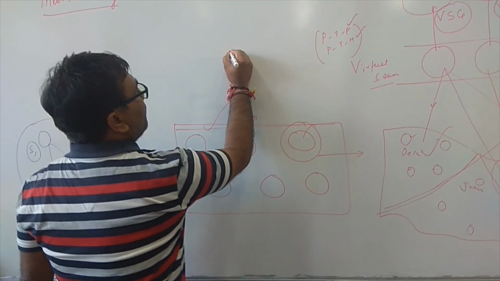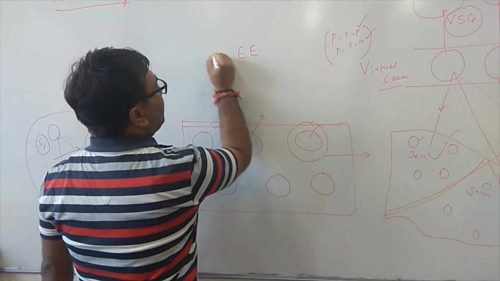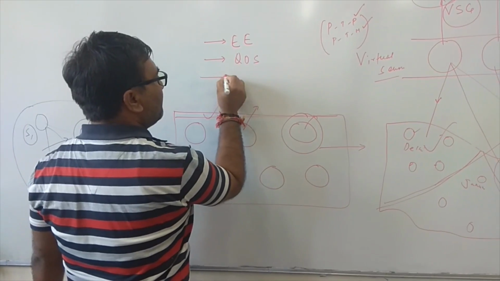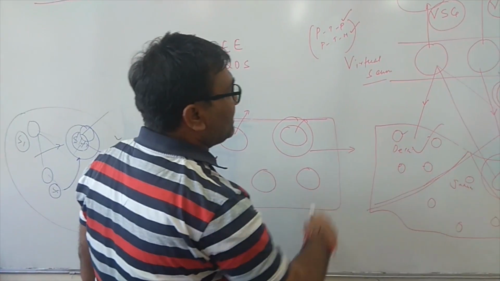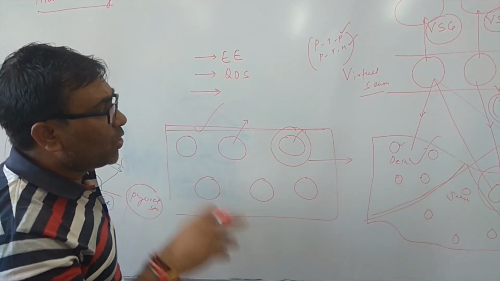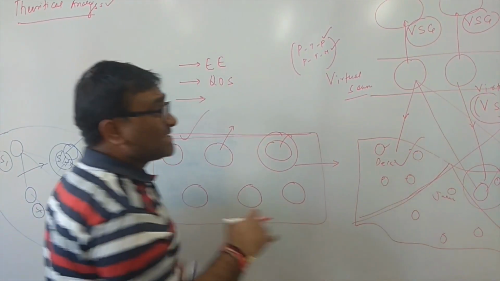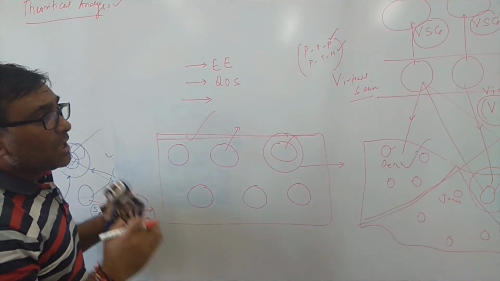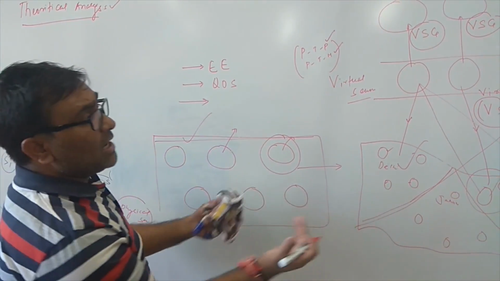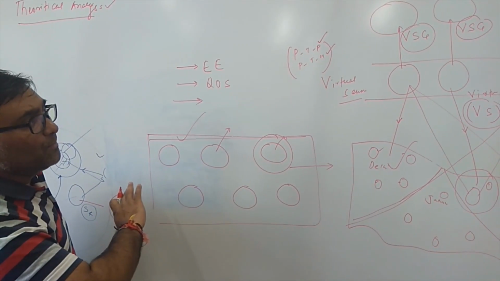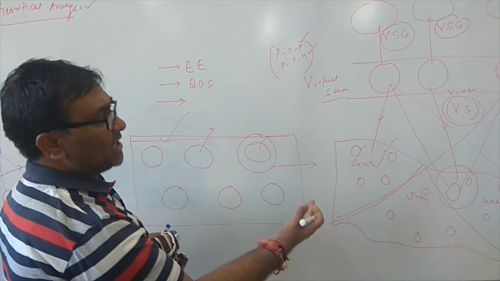So what is the conclusion? Energy efficient, better quality of service delivery. In the practical class I will show how this virtual sensor will be registered in the web browser, and how they can create the account. After setting the data, they will remove the queue and be ready for the next round, right?